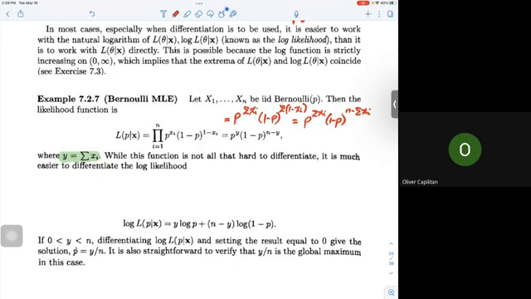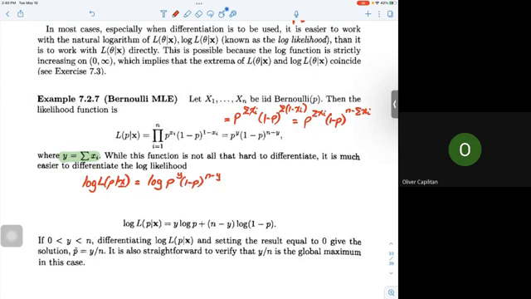So we have here the log likelihood function of p given x. We have the log of p to the y times 1 minus p to the n minus y.